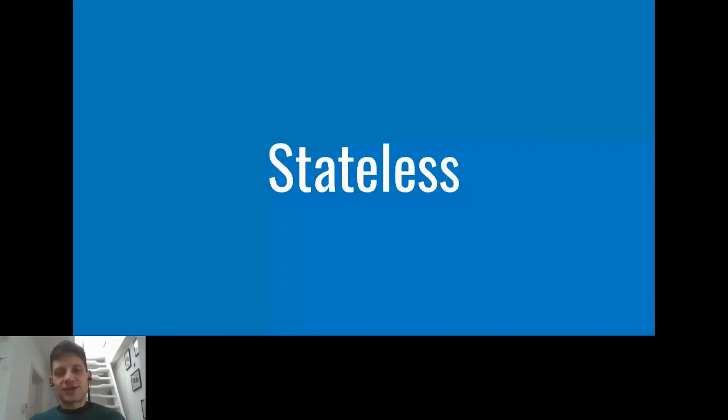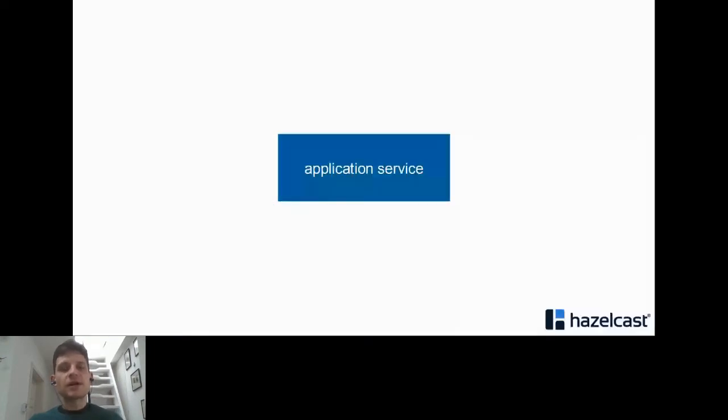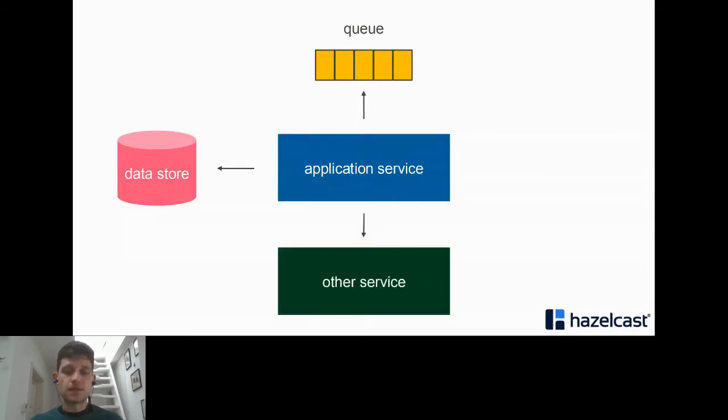But that is not how our IT world looks like. Because in our IT world, this stateless simple thing is always connected to some stateful things like a data store or a queue or some external services or internal services, basically some other services. And this data thing, this stateful thing, this is the problem in terms of high availability.